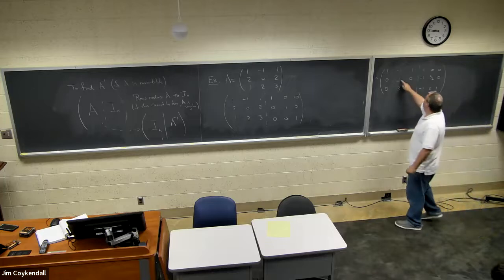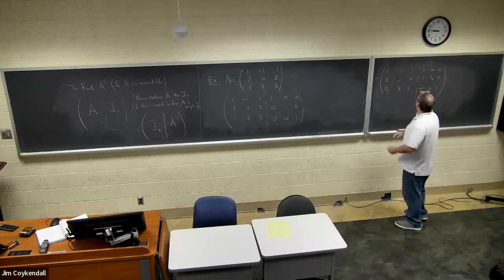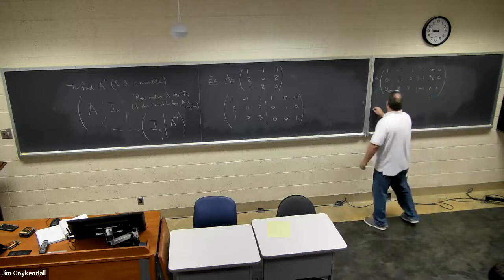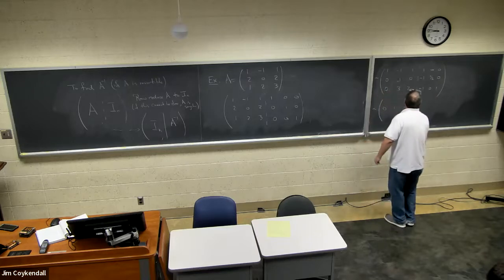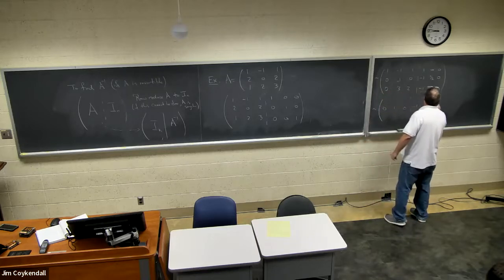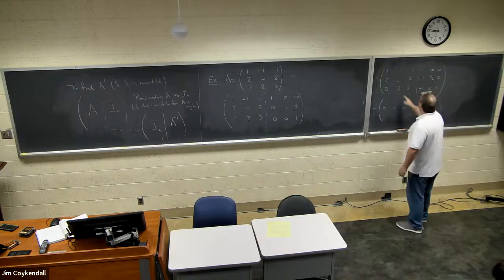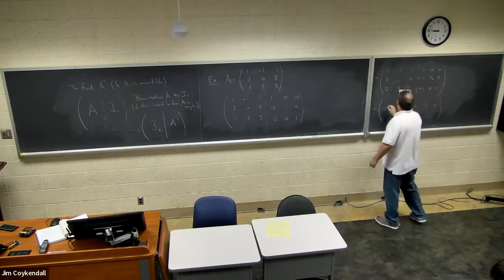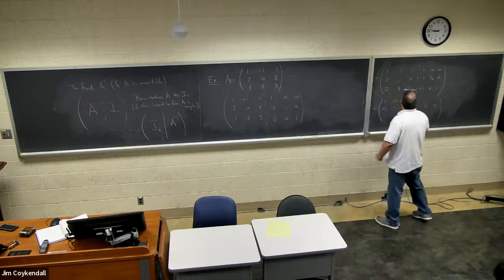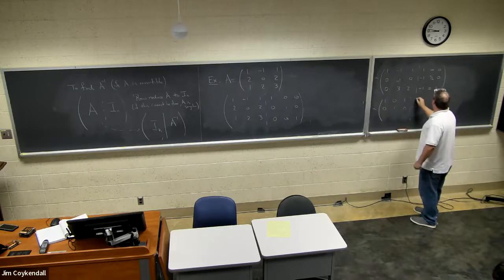Now I'm going to take this one right here and use it to eliminate what's above and below. So I'm going to leave the middle alone. -1/2, 0. To fix this, I'm just going to add the top, the straight up add, that is 0, 1/2, 0.